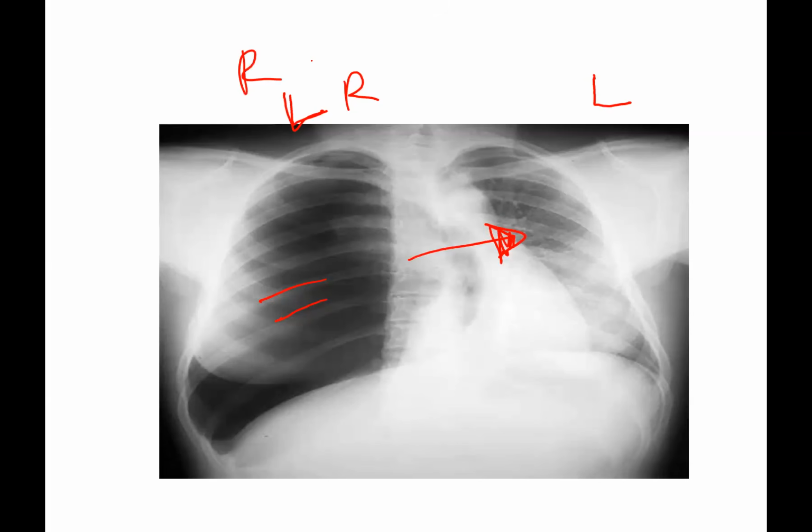What is the third feature? You are not finished. What is the last feature? There's also hyperlucency of the lung, absence of lung markings. No. You people are not following at all. The third feature is depression of the diaphragm on the affected side.